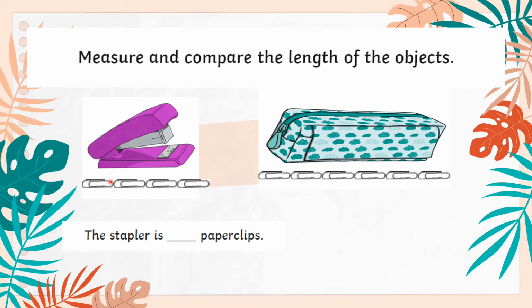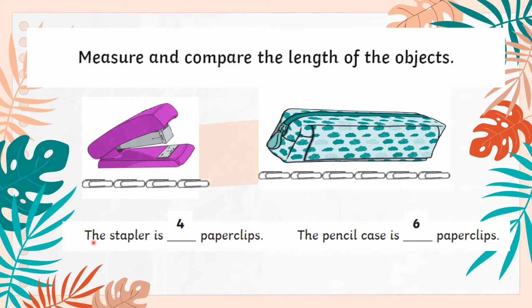It's 1, 2, 3, 4. Now the pencil case is dash paper clips. How many paper clips combine together and make up the length of the pencil case? 1, 2, 3, 4, 5, 6.